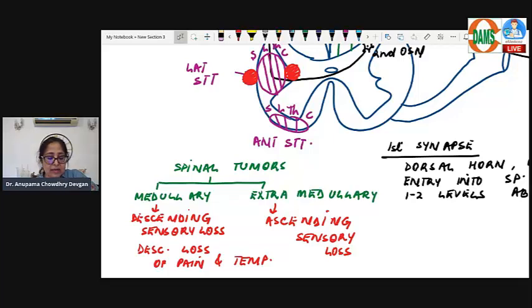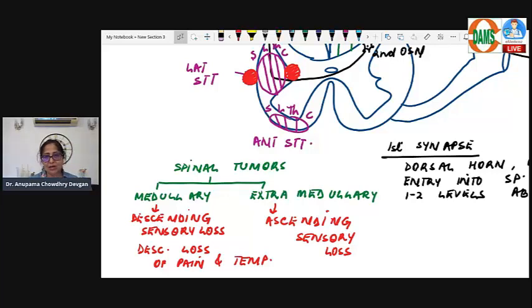Graphesthesia will also be lost in lesion of spinothalamic. A tumor which arises from within the spinal cord, that is a medullary spinal tumor, will affect the cervical fibers first, then the thoracic, then the lumbar. So it's a descending sensory loss, loss of pain and temperature. Extramedullary spinal tumors, ascending sensory loss.